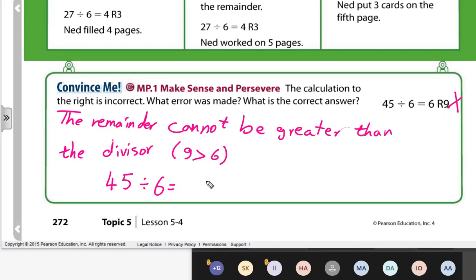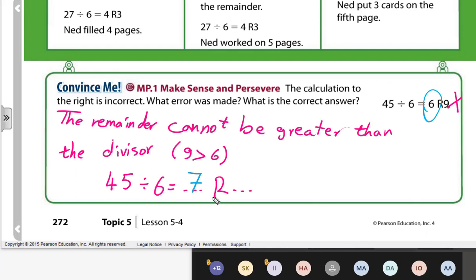What will you use as a quotient and what will we use as a remainder? The quotient is not 6. We did it and we found that the quotient should be what? The quotient is 7. Yes, because 7 times 6 equals 42.